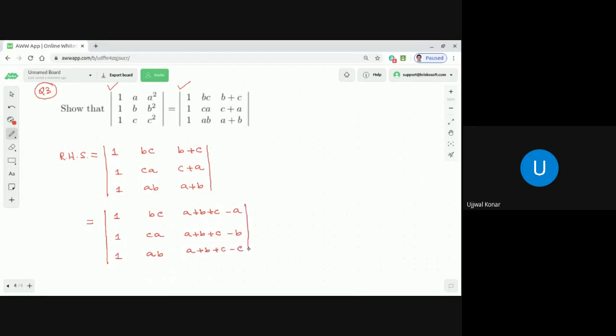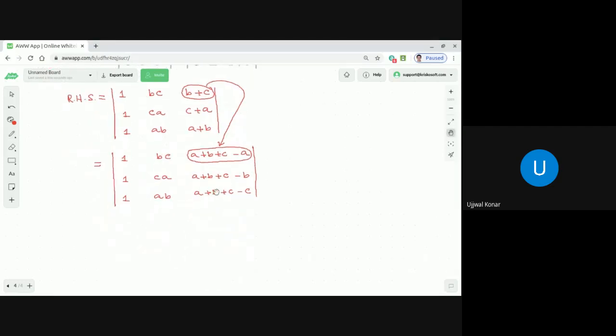I hope all of you agree with me, dear students. Instead of B plus C, what I wrote is that I just write it as A plus B plus C minus A. Otherwise, it is the same. But the moment I have done this, I got something very interesting.